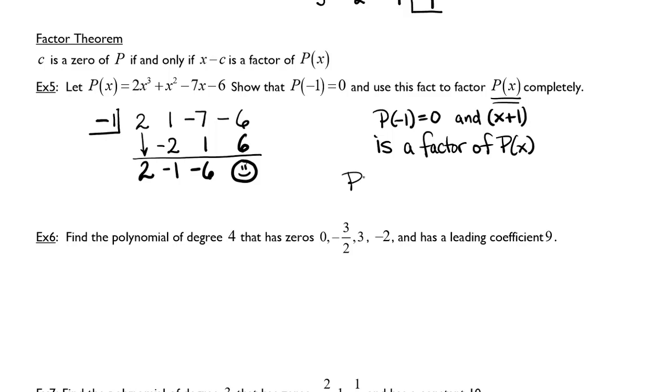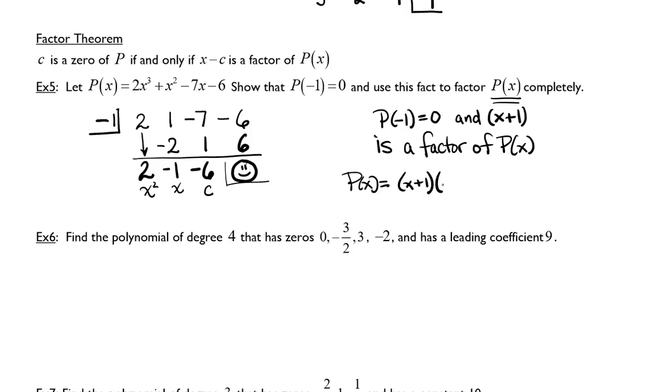So p of x can equal x plus 1 times the remainder. Since the 0 is our remainder, -6 is our constant term, -1 is our x to the first term coefficient, and 2 is our x to the second term coefficient.